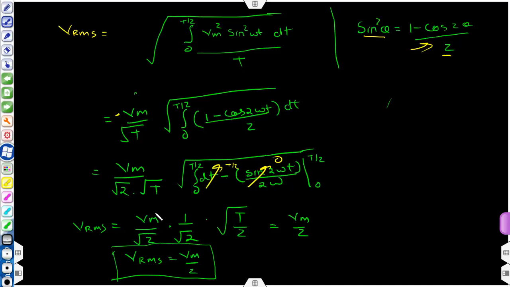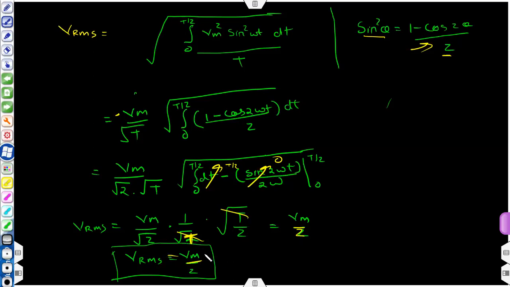So Vm by root 2, and because of this, we have root T by 2, and this should be, sorry, T. So root T and root T get cancelled, and root 2 into root 2 will give you 2. So VRMS will be Vm by 2, simply.